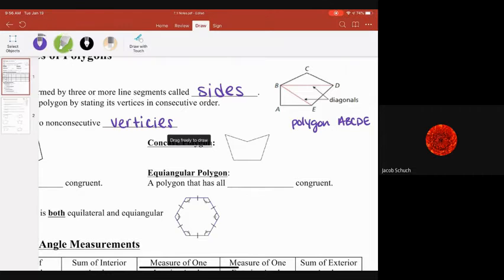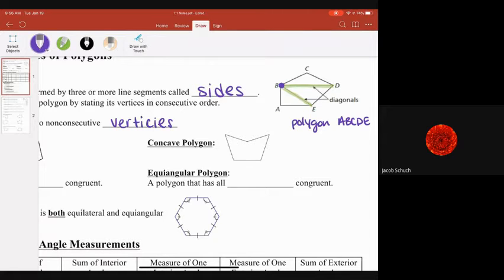If you take a look here, we have a diagonal going from B to D and from B to E. When you draw diagonals in a polygon, you want to pick one vertex to draw them from, and then connect that vertex to any of the corners it's not already connected to. You don't want to do it from multiple vertices because then your diagonals will crisscross.